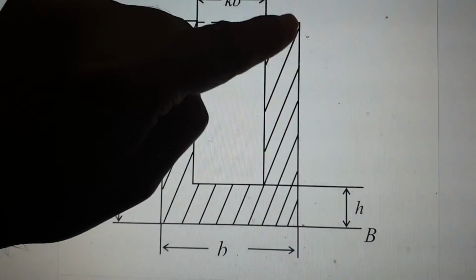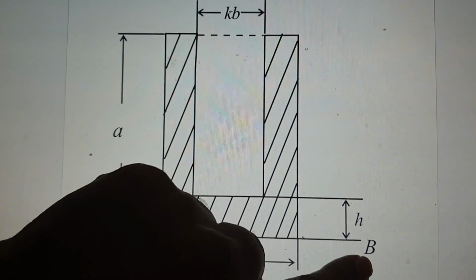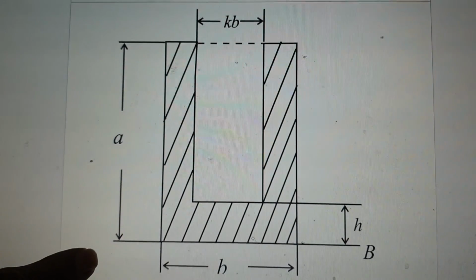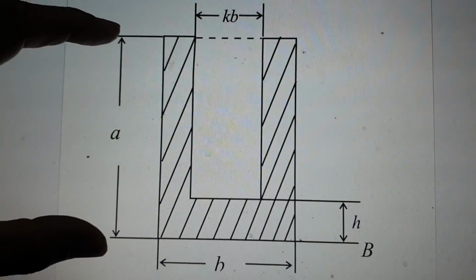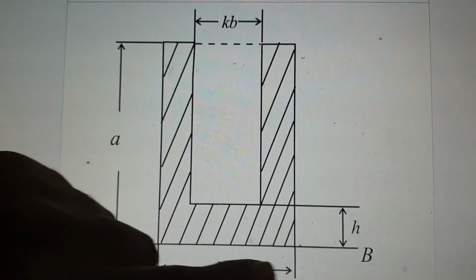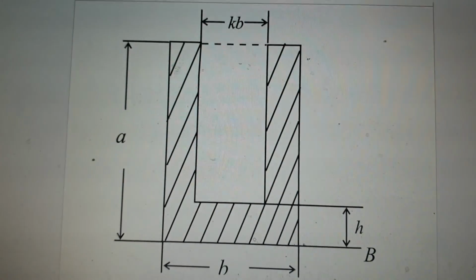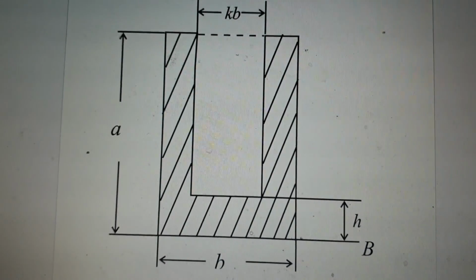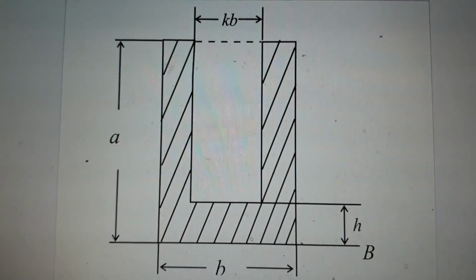So, if the whole thing is the rectangular, from the BB prime or BB dash, what is the centroid? The centroid is A over 2 from BB prime. Rectangular, the centroid is half the distance in the y-axis.